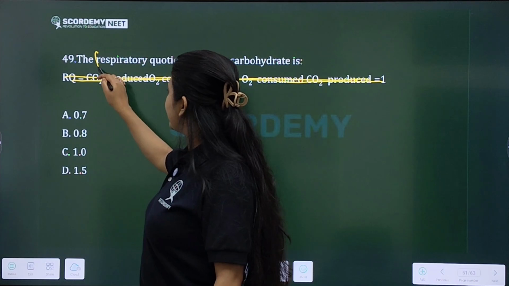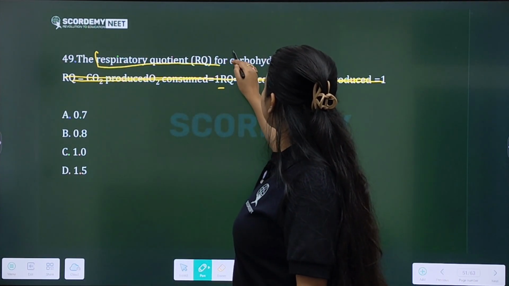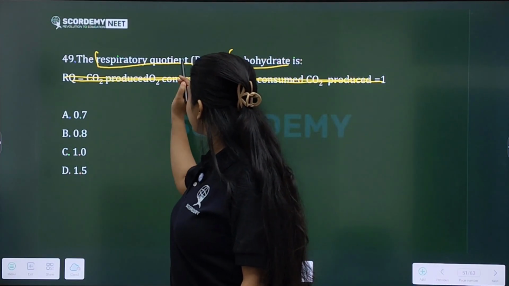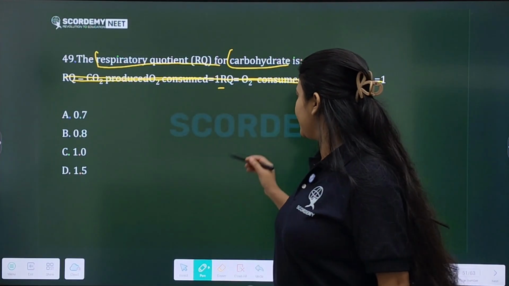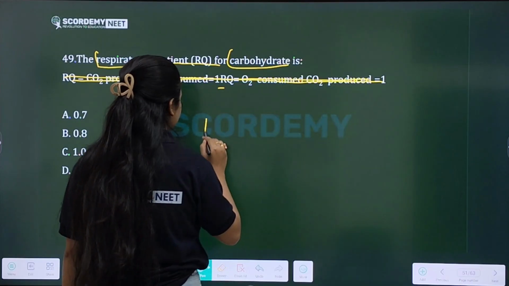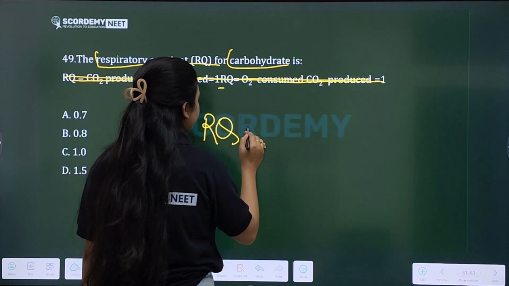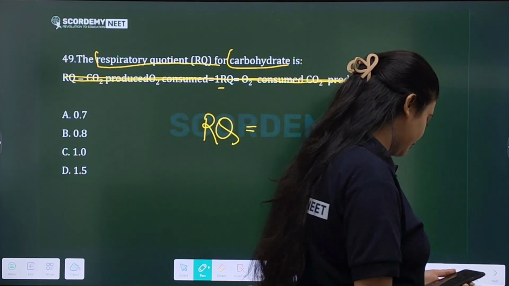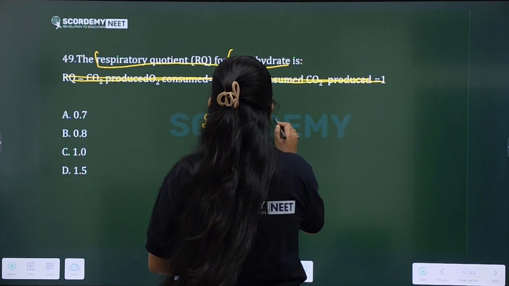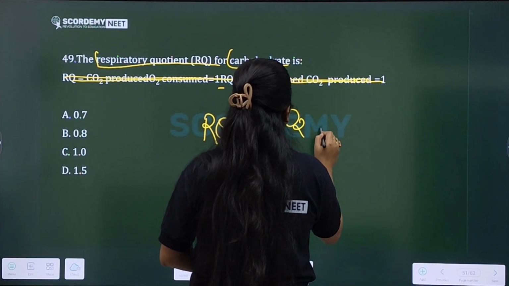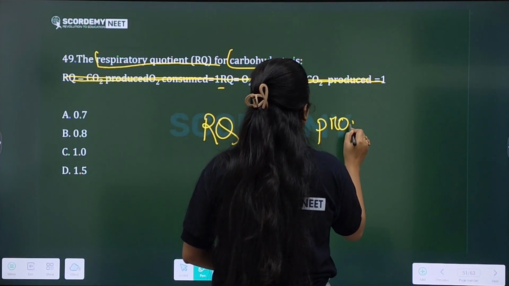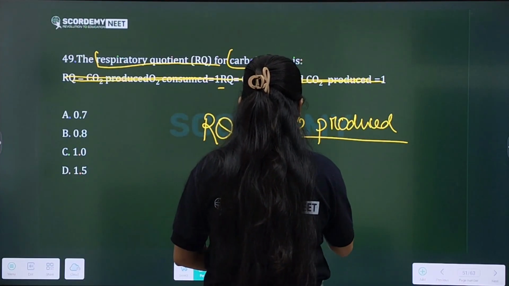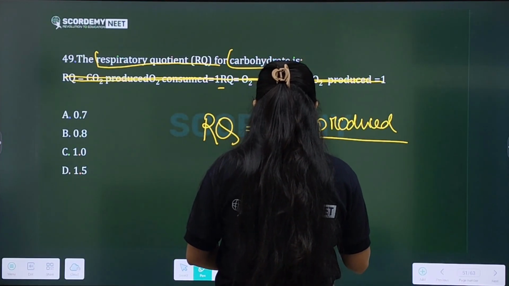What are they asking you? They are asking the respiratory quotient for carbohydrate. Now, what is the respiratory quotient? This is nothing but carbon dioxide produced upon oxygen consumed.